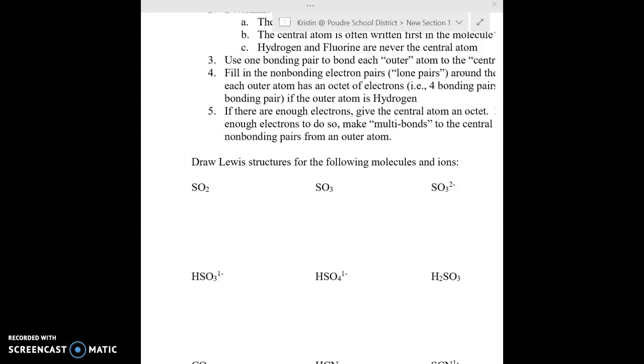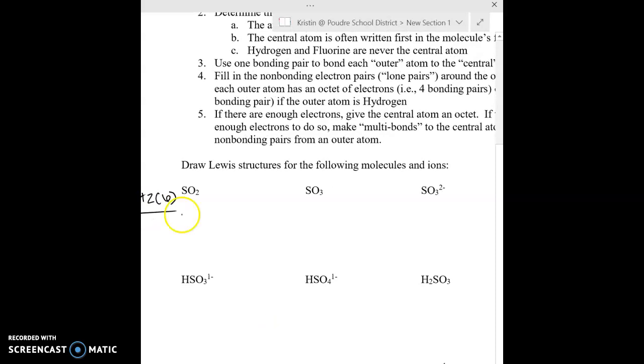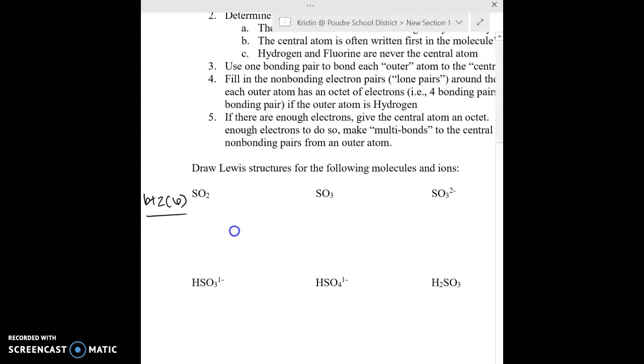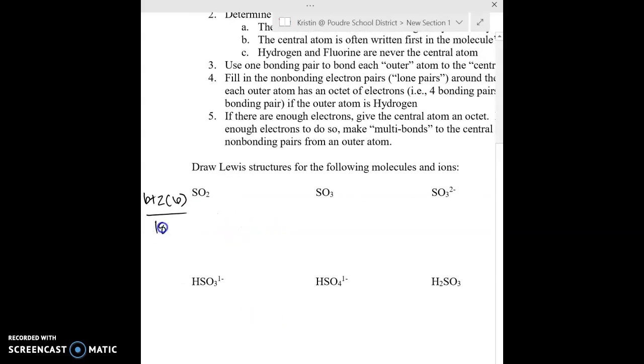So they each have 6 valence electrons. So we'll have 6 plus 2 times 6 for the oxygen gives us 18 electrons. And so that's going to be divided by 2, gives us 9 bonding pair.